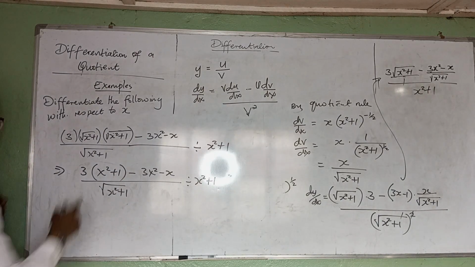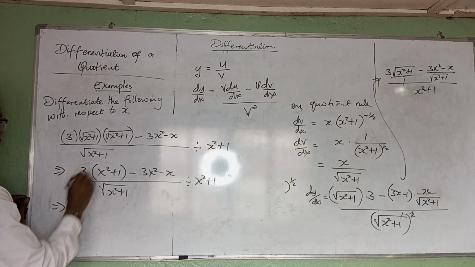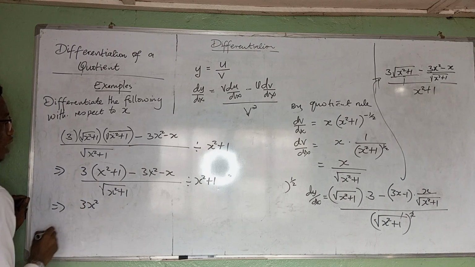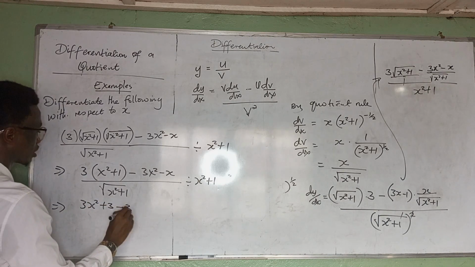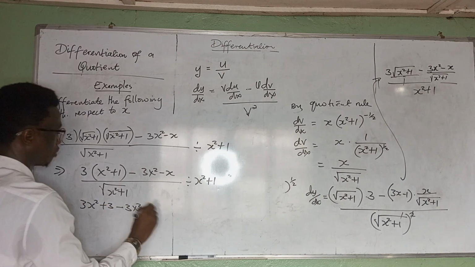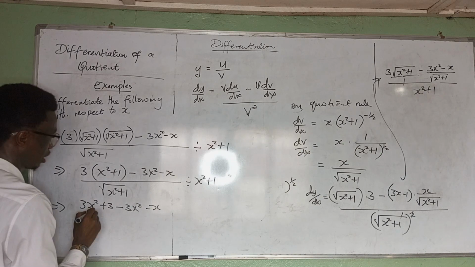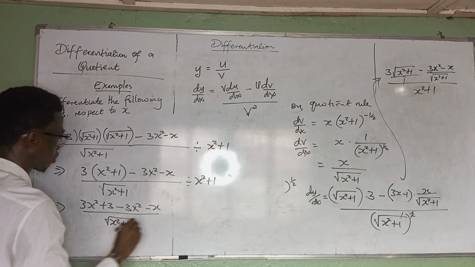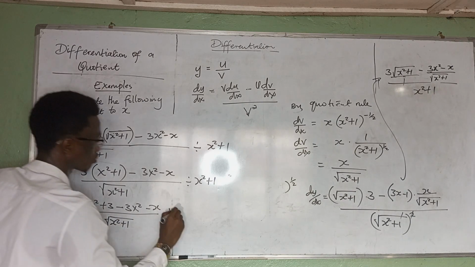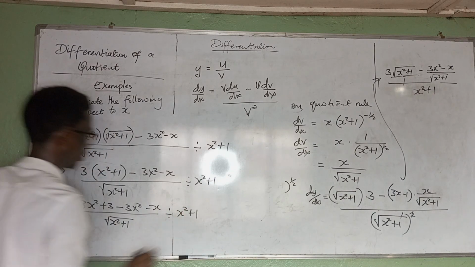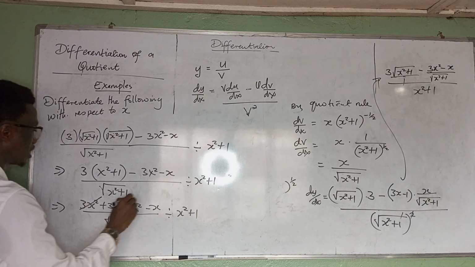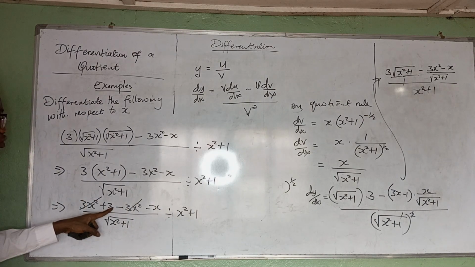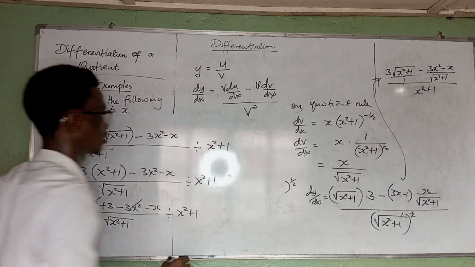The next thing you have to do, you multiply this one, so this becomes 3x squared plus 3 minus 3x squared minus x. So the whole of this divided by root x squared plus 1, and you have this one again, x squared plus 1. So what happens? This and this cancel. You are going to have 3 minus x.